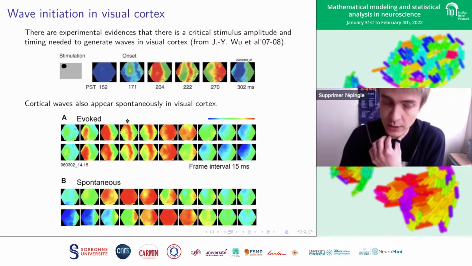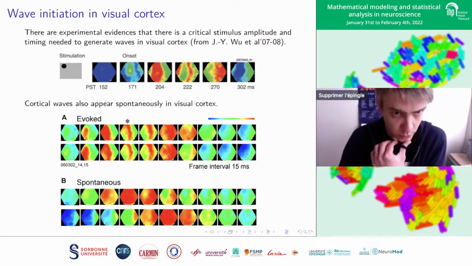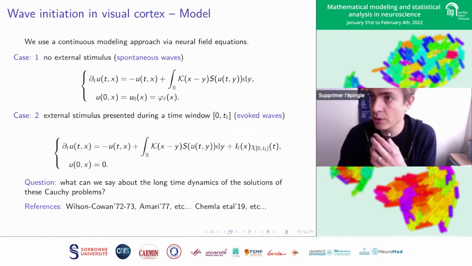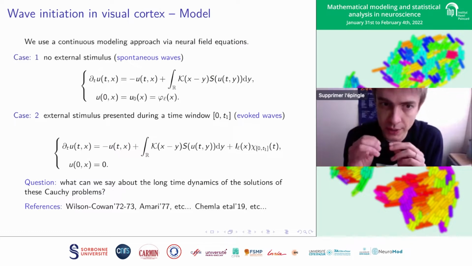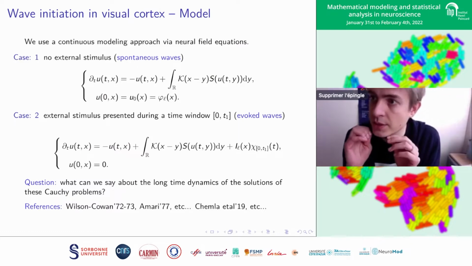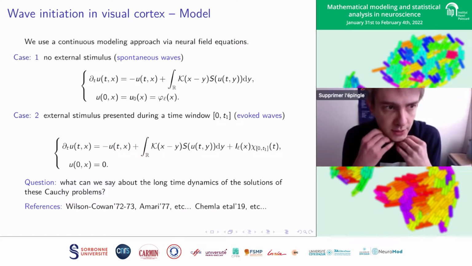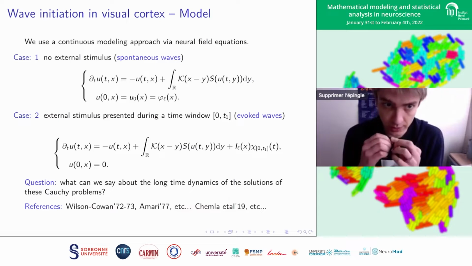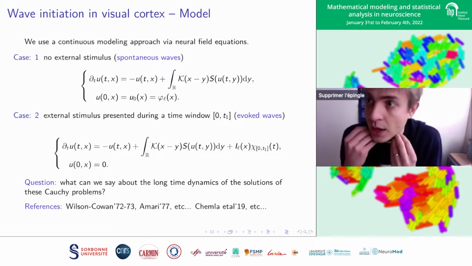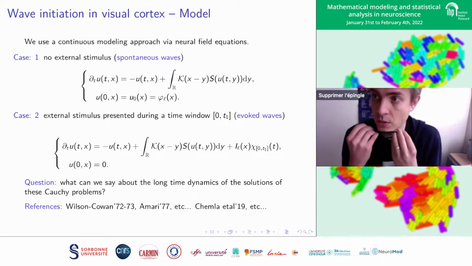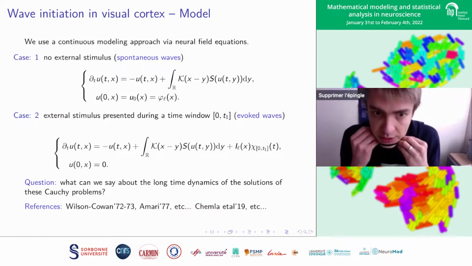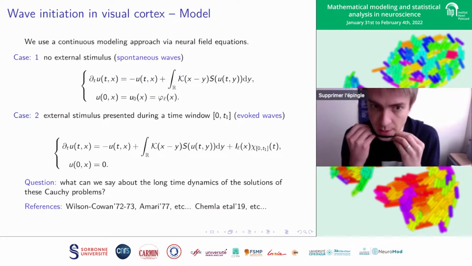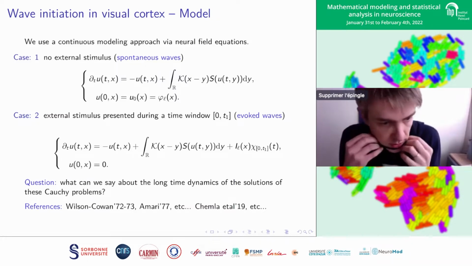So the type of models that we had worked with at the beginning are the traditional neural field equations. Yesterday, we had plenty of talks about it. So in the first case, say for spontaneous waves, I'm just considering the neural field equation without external inputs, and what drives the dynamics, obviously, is the initial condition.